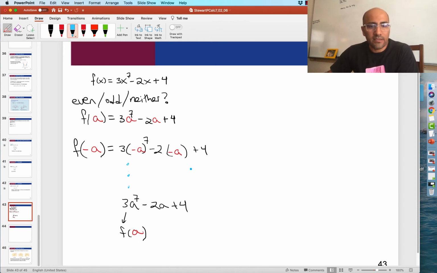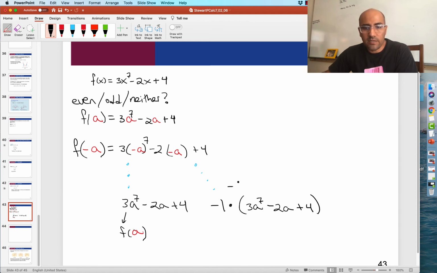Or maybe the other case is that after a bunch of algebra you simplify all of that and it ends up being equal to negative 1 times 3a to the 7th power minus 2a plus 4, meaning it's all the opposite signs. So it was equal to negative 3a to the 7th power plus 2a minus 4.